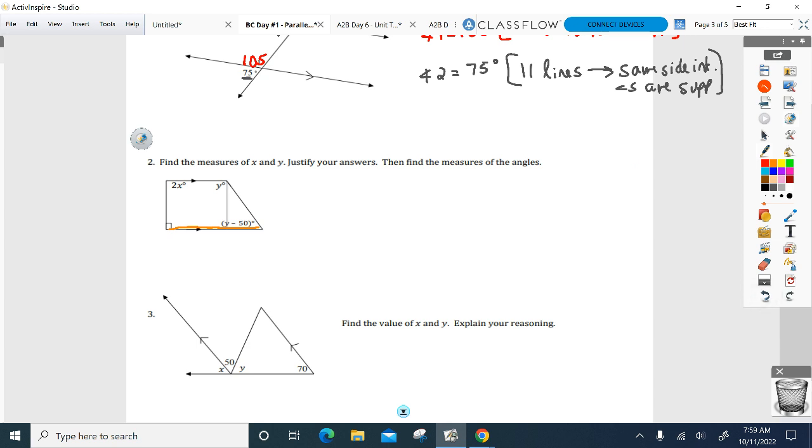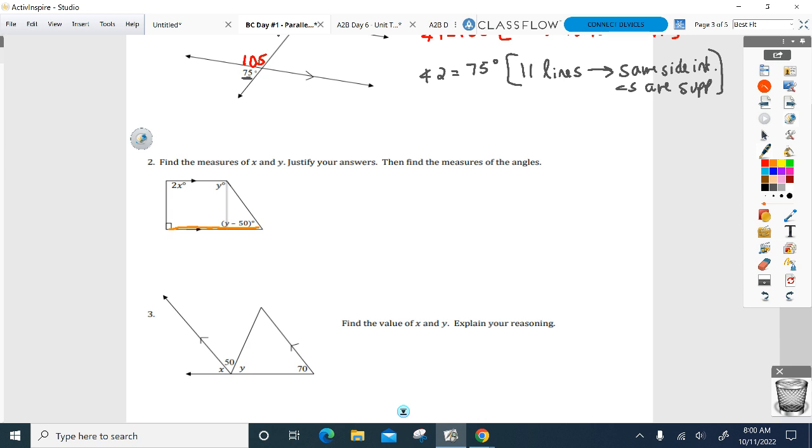Doesn't want to work on there. All right, you guys see them. So what's this line here, which I can't draw on, obviously? That's a transversal.